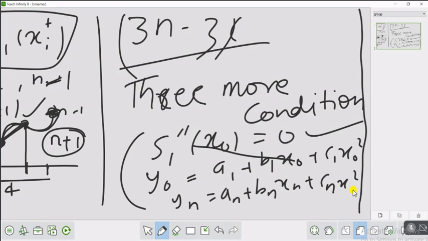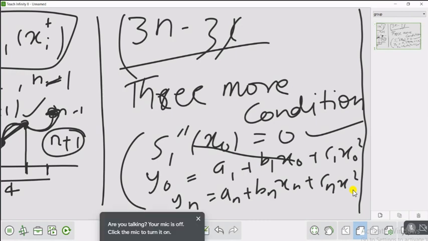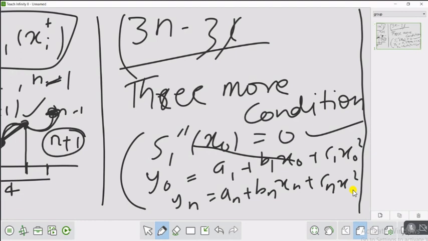The similar thing happens for cubic splines. You will read from the notes what cubic splines are, and if you have any doubt, then we'll discuss in the next class. I don't feel the necessity to explain the whole cubic spline.